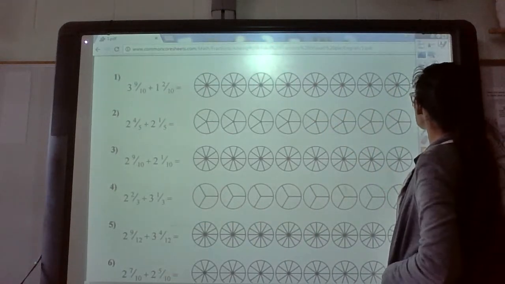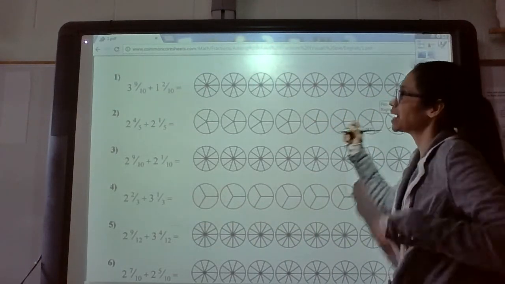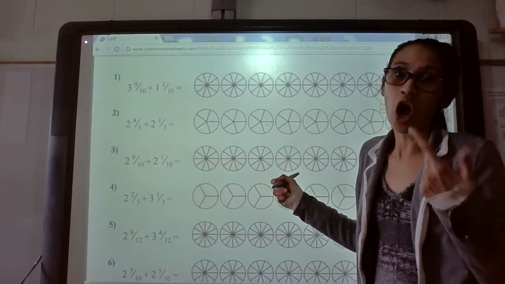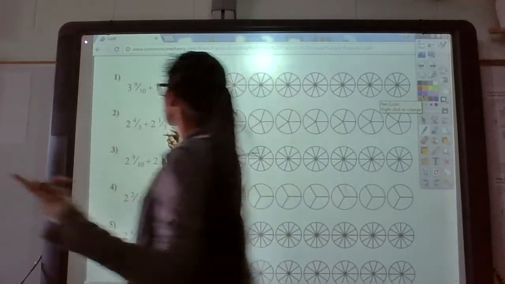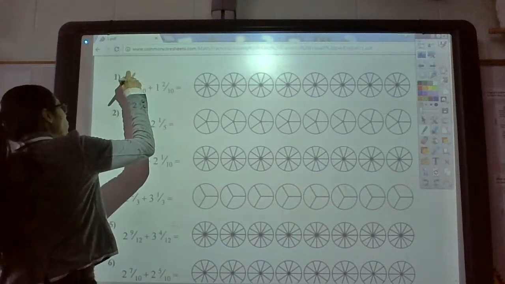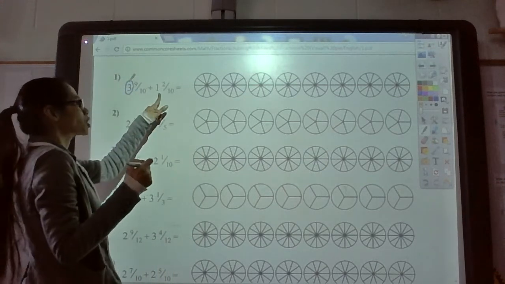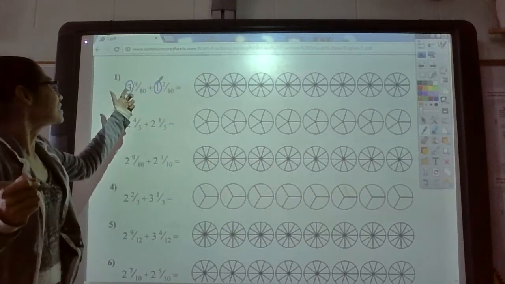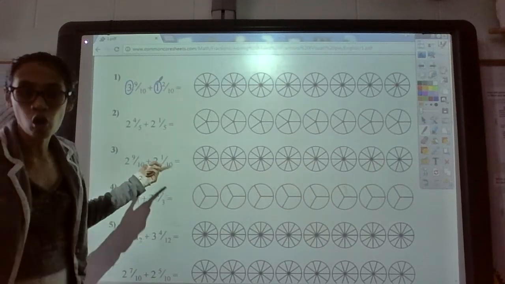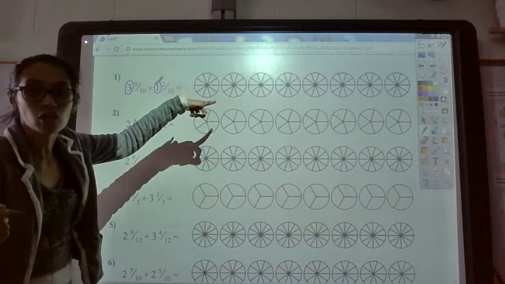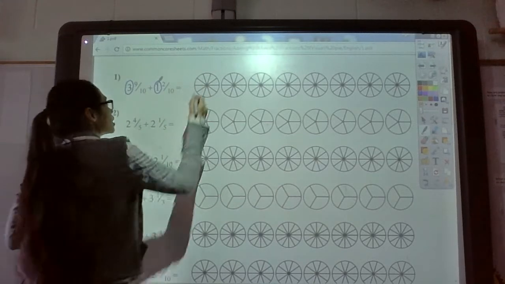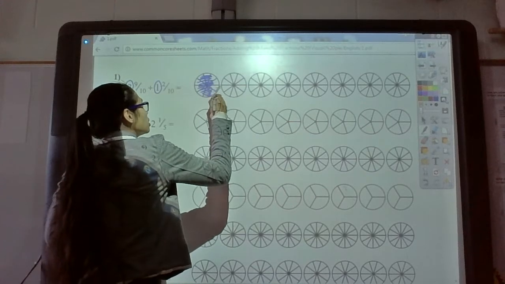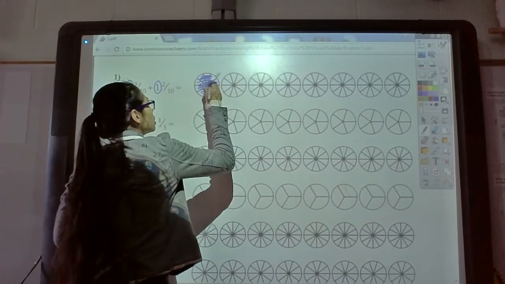Let's shade in 3 9/10. First, let's shade in the whole numbers. What whole number do you see here? The whole number is a 3, and what's the whole number here? That is a 1. So that means I need to shade in 3 whole circles and 1 whole circle. So shade in 3 whole circles. Please don't copy how I shade. Shade it a little bit better than that.